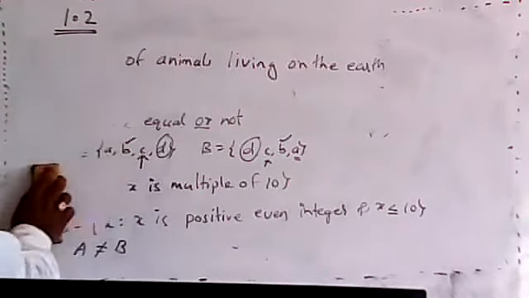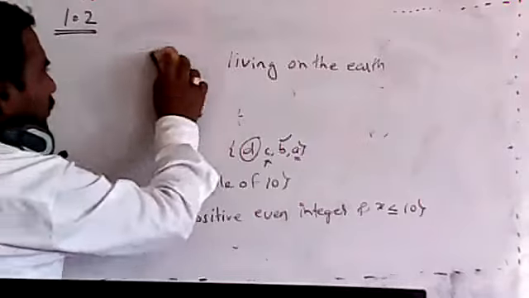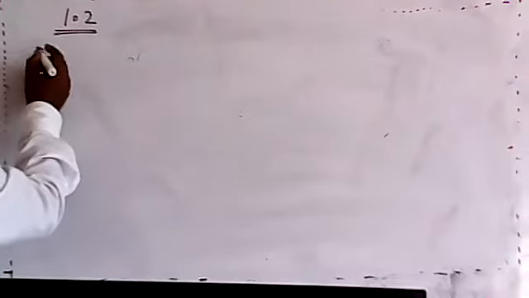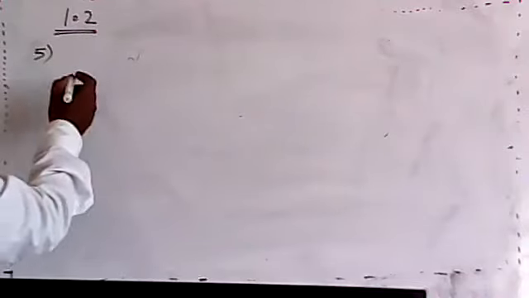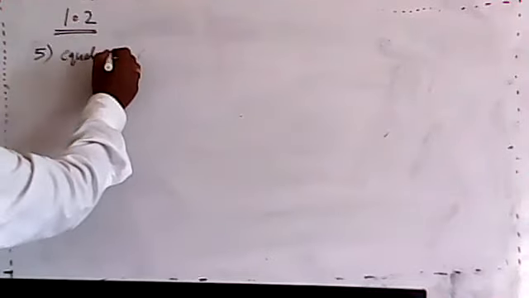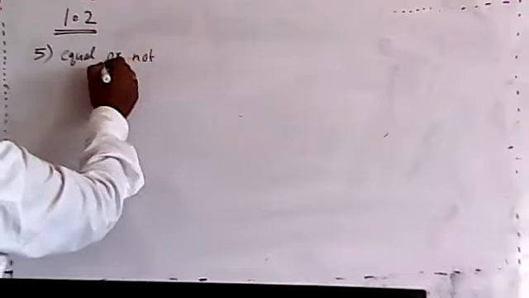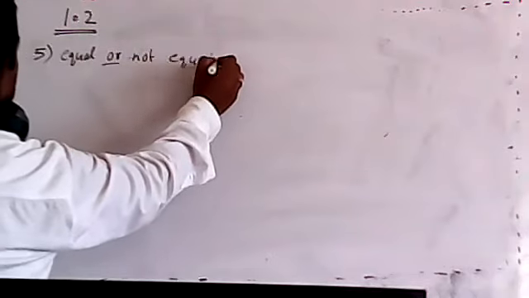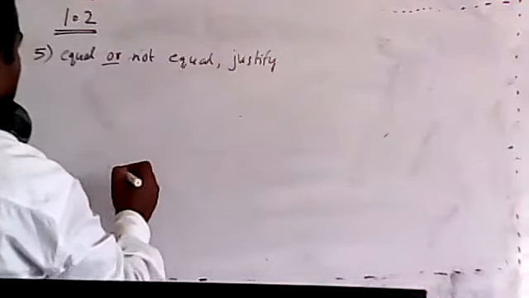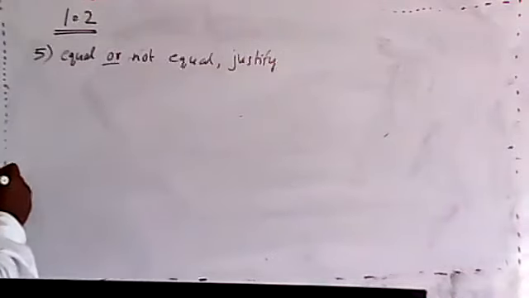Fifth main problem. Whether the following pairs of sets are equal, give reasons. Equal or not equal, justify. You have to justify the answer. Okay.